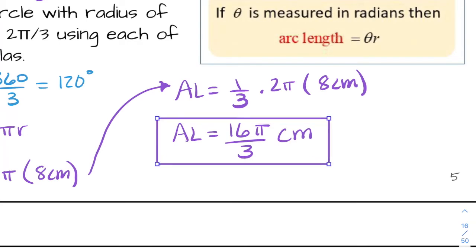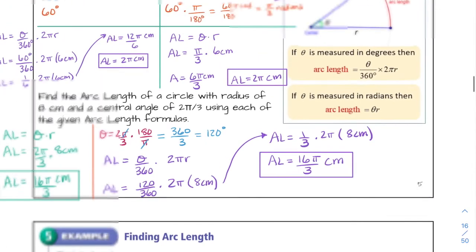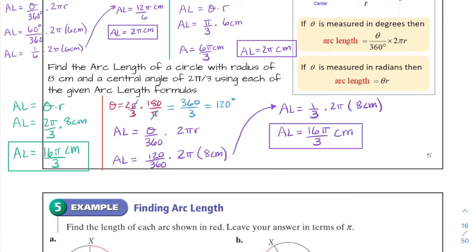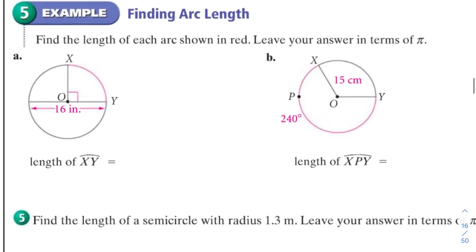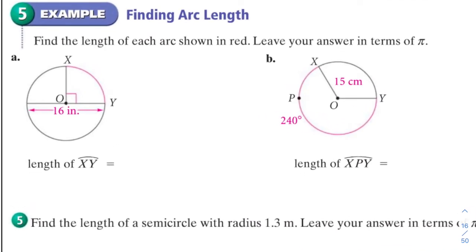And we can't simplify it any further, so we're done. Notice in both cases, 16 pi centimeters over 3 is the beginning and end of that. Good? All right, so finding arc length, you can use either method you want, but because these appear to be in degrees, I'm just going to stick with degrees.